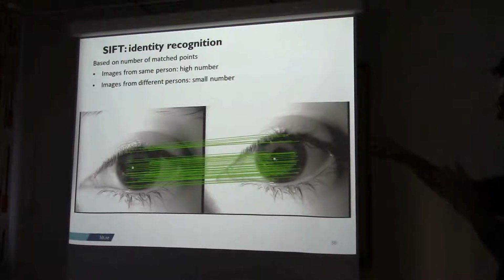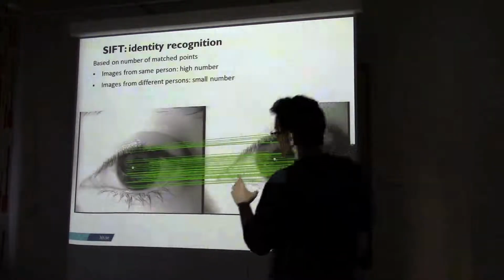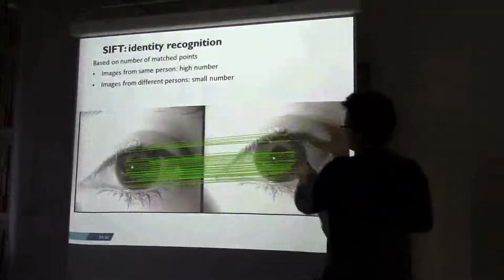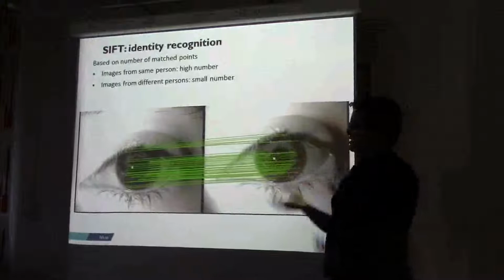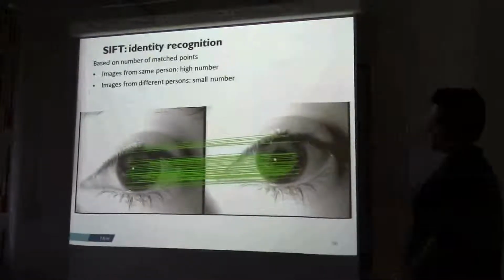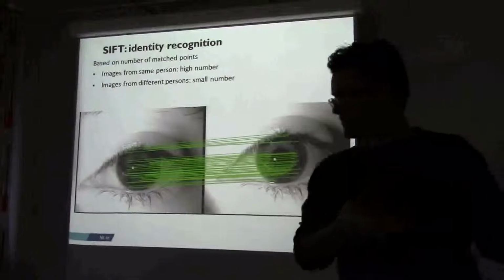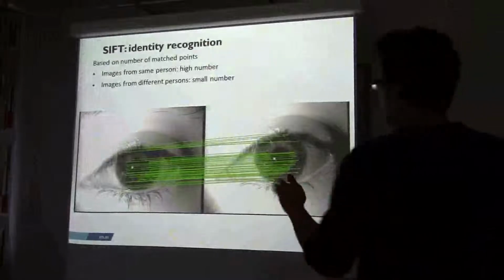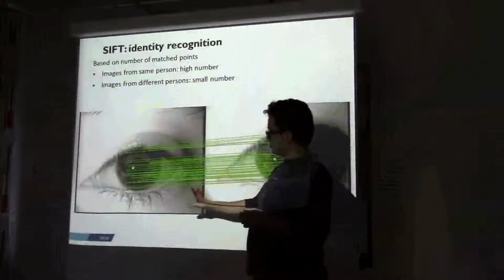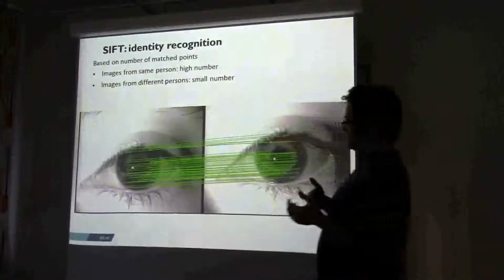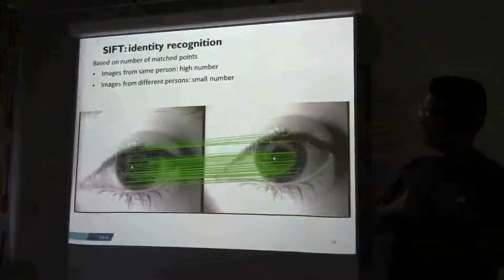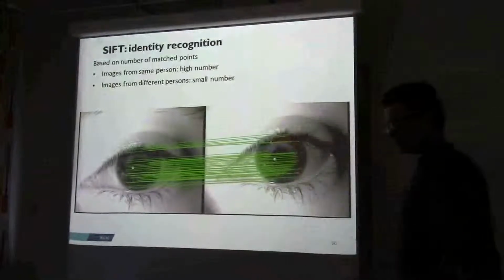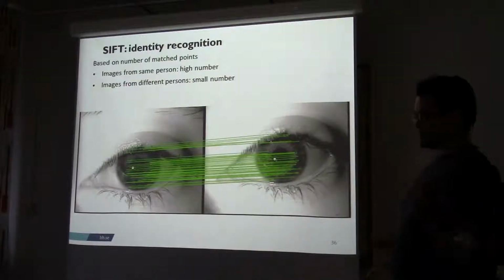But in this case, what we wanted to say is, is the identity of this person the same as this person in this image? So the idea is different. It's not detecting things that look like an eye, but it's discriminating between different eyes. So in this case, your training image is an image of the person that you want to recognize, not a lot of different images of eyes. The concept is different.